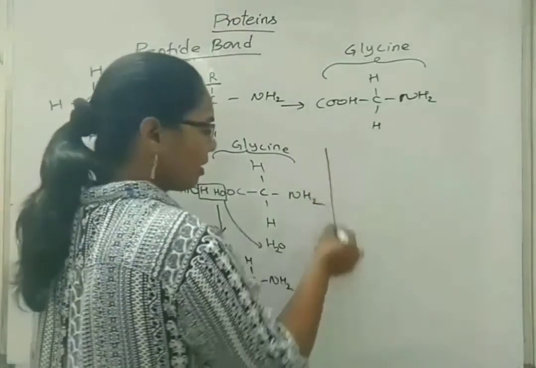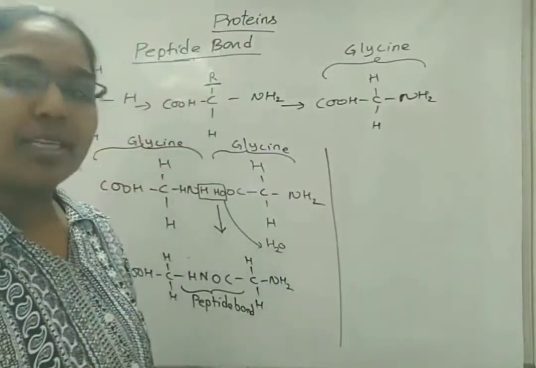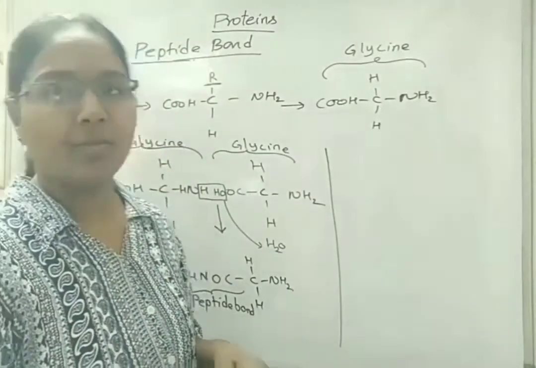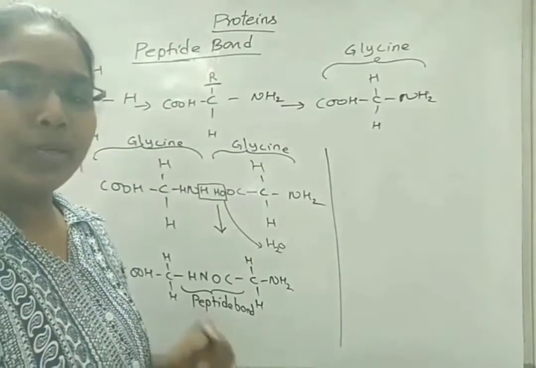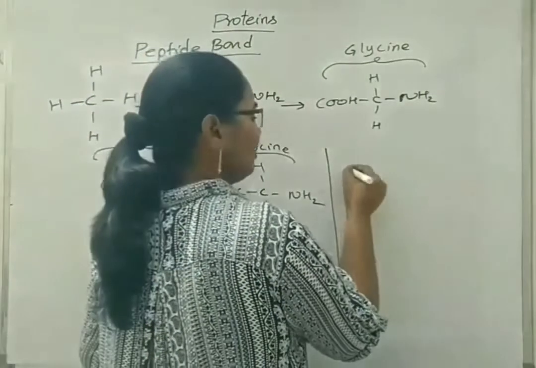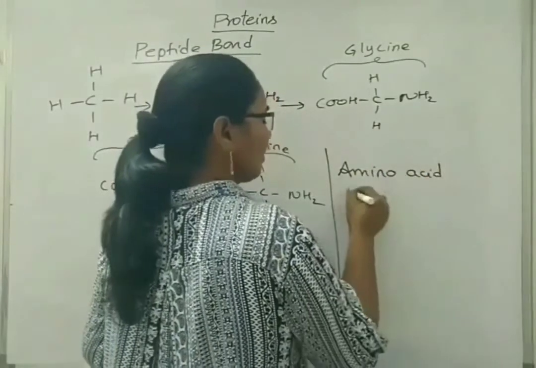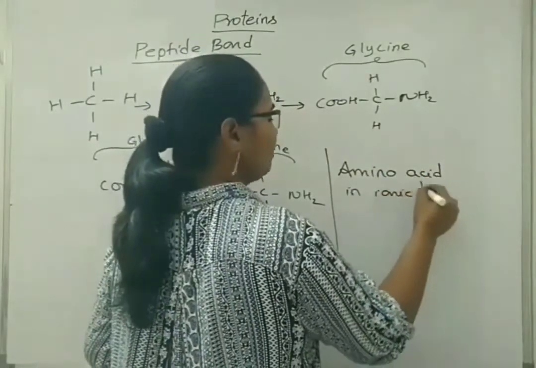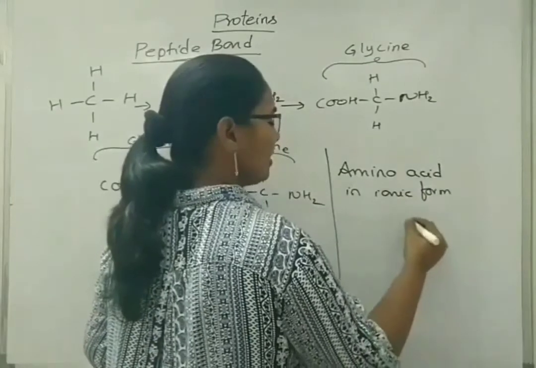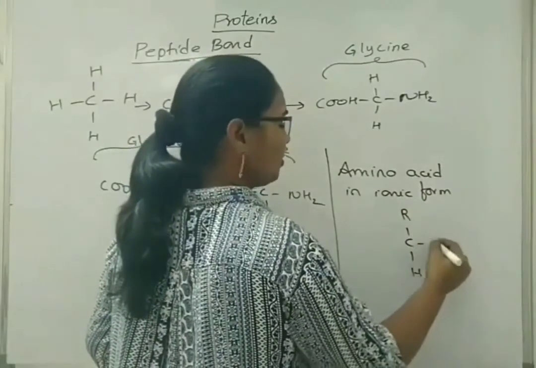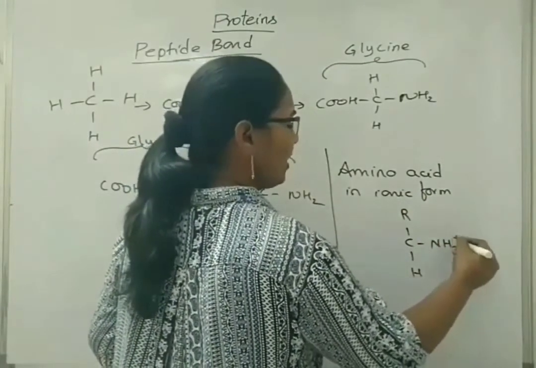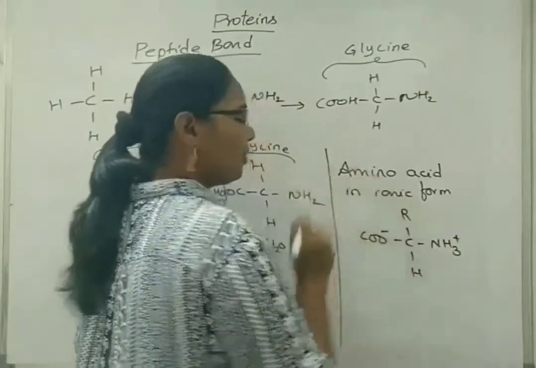In the living organism's body, these amino acids also exist in ionic form. We give a term for them: zwitter ions. So, amino acids in ionic form we can write as one R group, one hydrogen, next NH3 plus, COO minus.